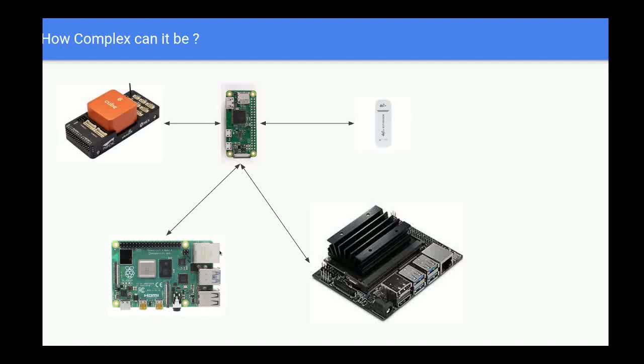Then a camera module runs on a Raspberry Pi 4, and the AI module runs on a Jetson Nano, etc. So there is no fixed architecture. You can change your mind and bring one board and run all these modules on the same board. You can choose to divide some modules on one board and other modules on other boards. There is no fixed architecture, and these modules can exchange messages together. So there is no limitation to what is possible using this system.